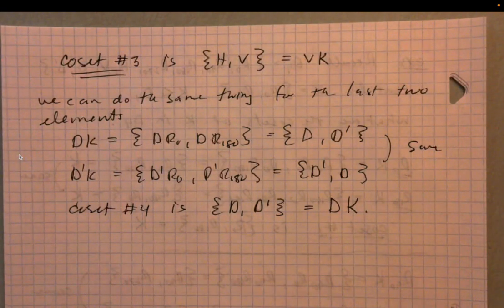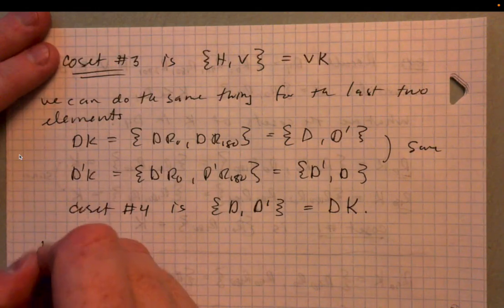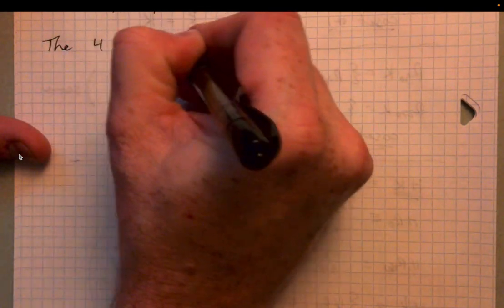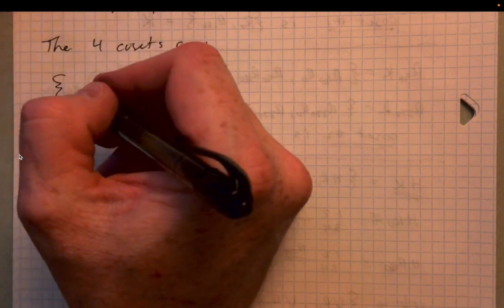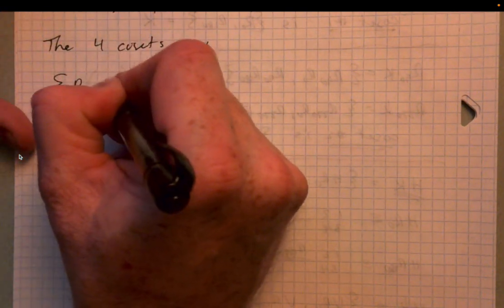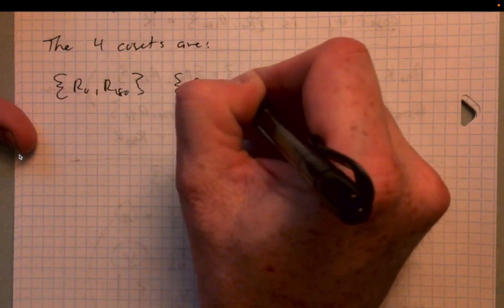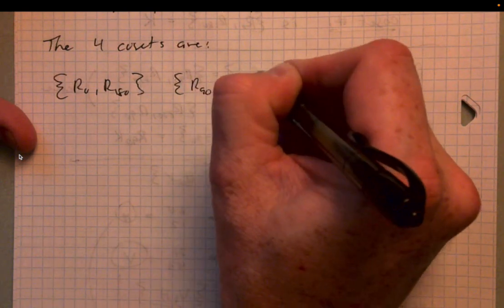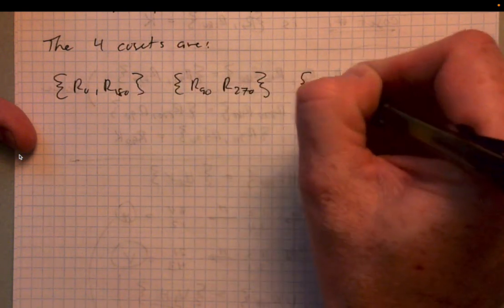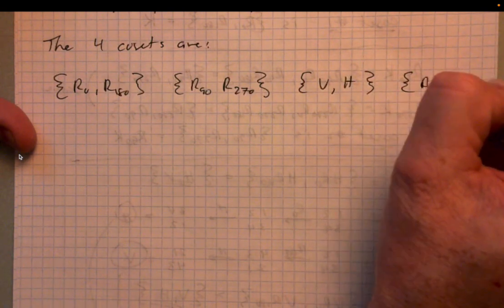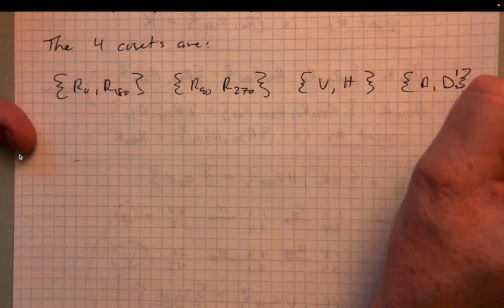All right? So we've got our 4 cosets of D4. Let me enumerate them here. So the 4 cosets are R0, R180, and then it's R90 and R270, and then it's V and H, and it's D prime.